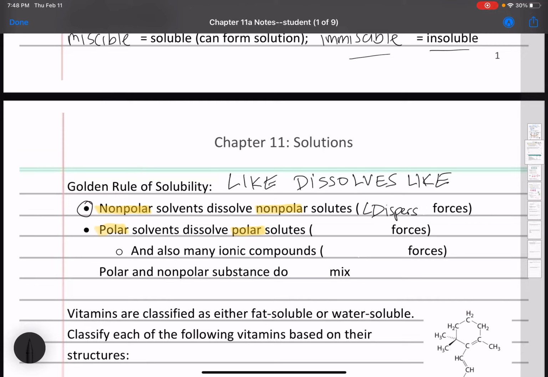And polar substances have stronger attractive forces. They have dipole-dipole or hydrogen bonding that can attract them together. Polar solvents can also dissolve a lot of ionic compounds, and that's due to the strong ion-dipole forces that occur in solution when we mix the things together.